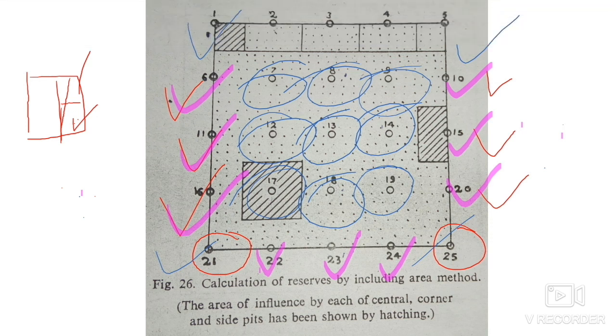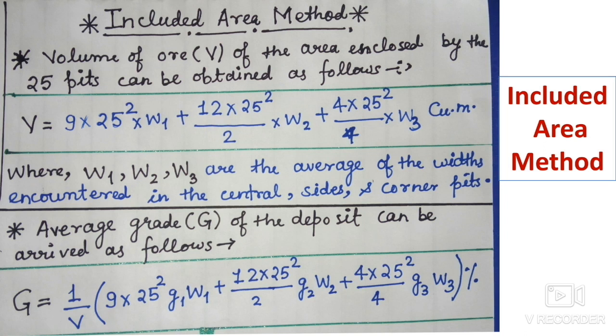So that's why 12 into 25 square divided by 2, where W1, W2, W3 are the average of the widths encountered at the central point, central sides as well as the corner pits. And how can we calculate the average grade? The average grade of the deposit can be arrived at on the basis of the following formula.